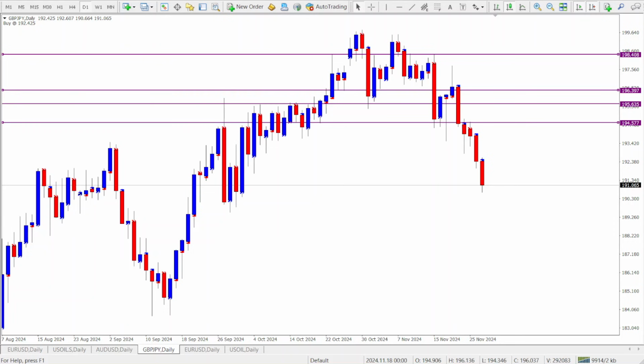Now, for the next day, our risk would have been about 60 pips, because that's below the support. And our potential profit in this case is about 120 pips. So if we had risked $10, we would have made an extra $20 because our risk to reward ratio was 1 to 2, and we actually had a good trade here.